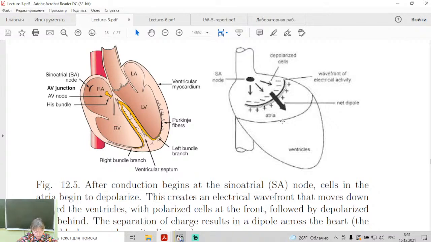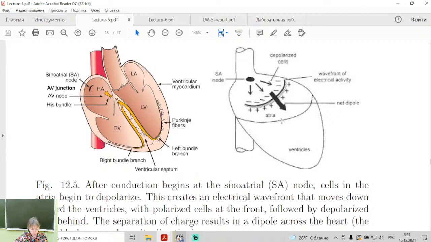The dipole causes current flow in the surrounding body fluids between the ends of the heart, resulting in a fluctuating electric field through the body. This is much like the electric field that would result if a common battery were suspended in a salt water solution or an electrically conductive medium.